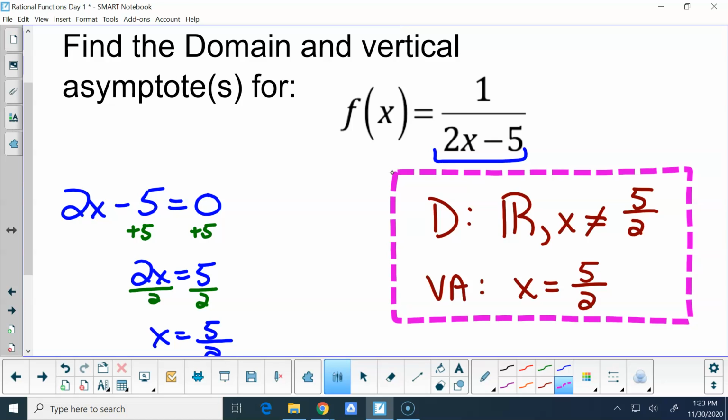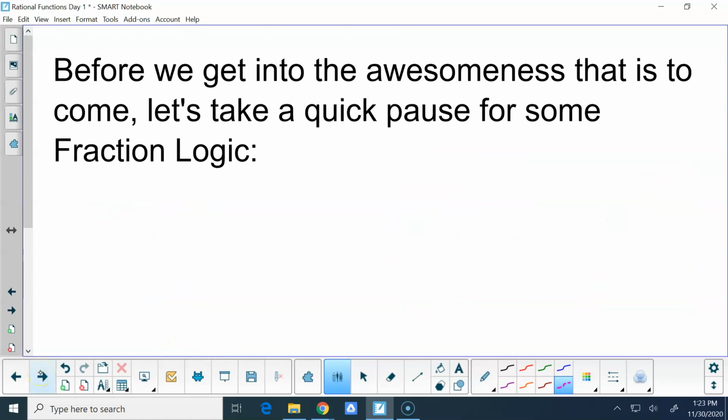All right? Now, before we keep going, let's take a quick pause to talk a little bit about fraction logic. Okay? So we've got a fraction, number divided by number. We're talking rational numbers here.